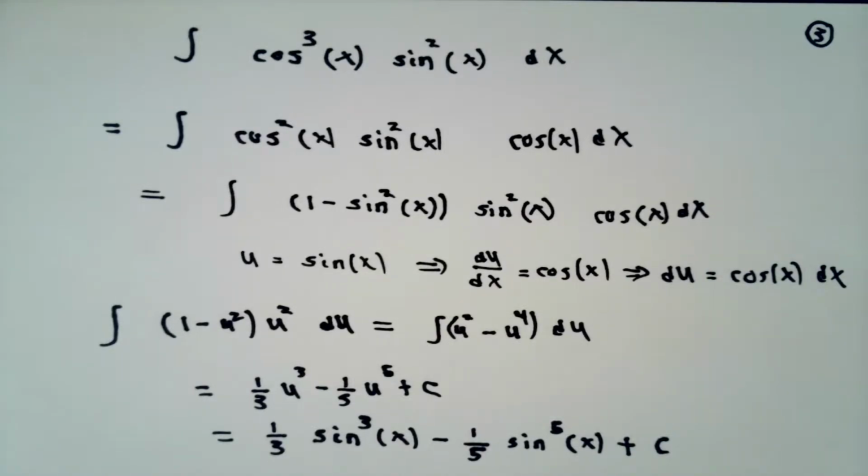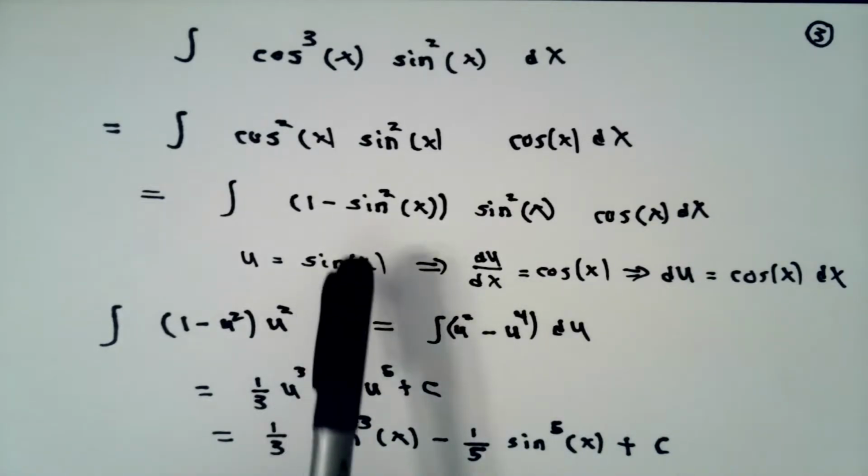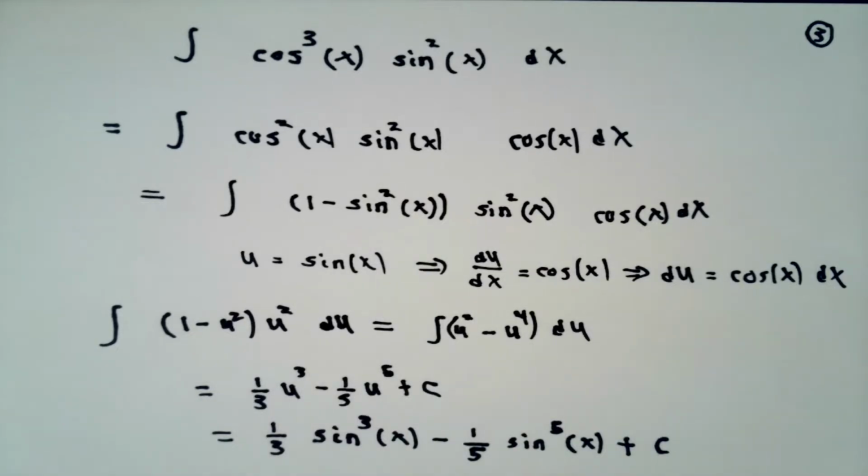Because of our trig identities, cosine squared is 1 minus sine squared. And then, if you look at what you've now got, there's a function, sine x, and its derivative, cosine x, also shows up. We'll make a substitution.